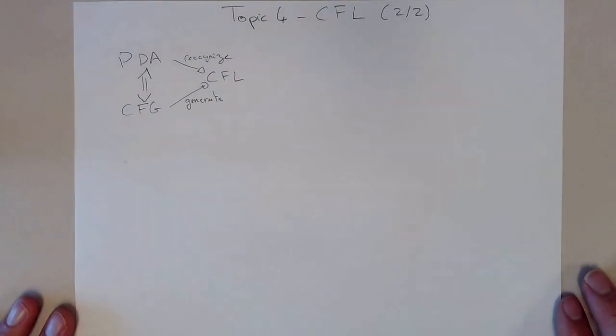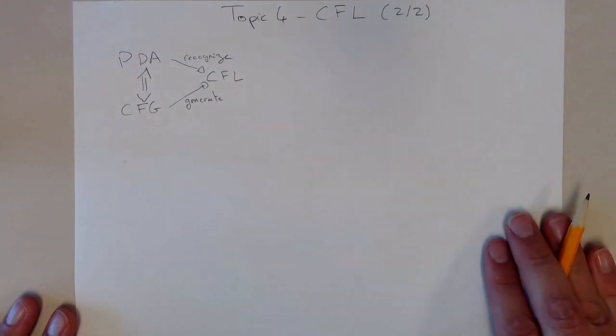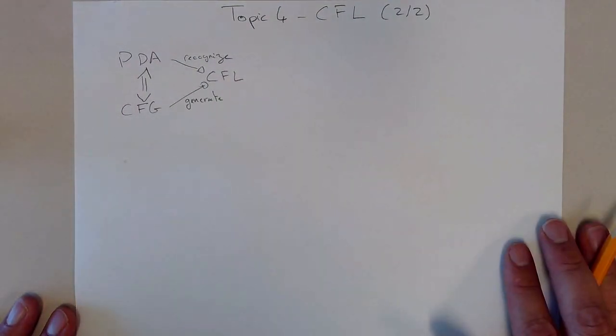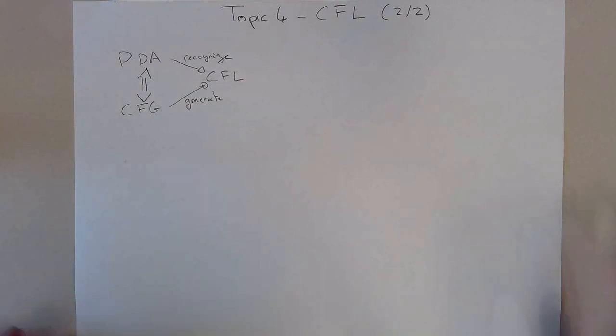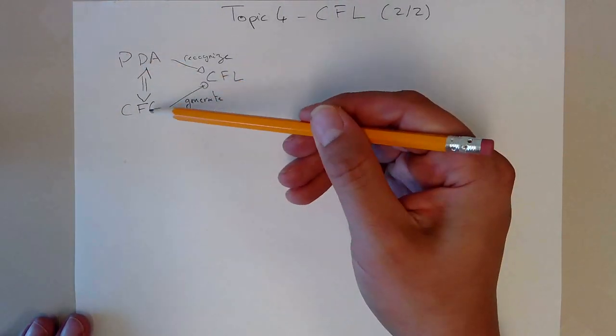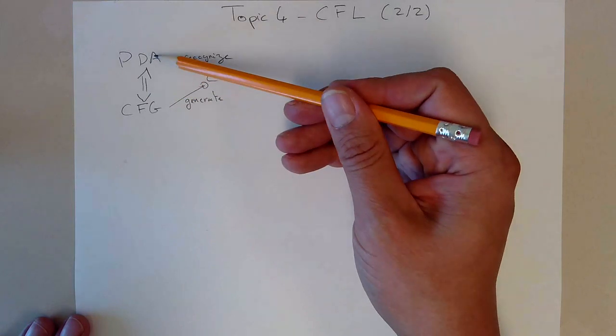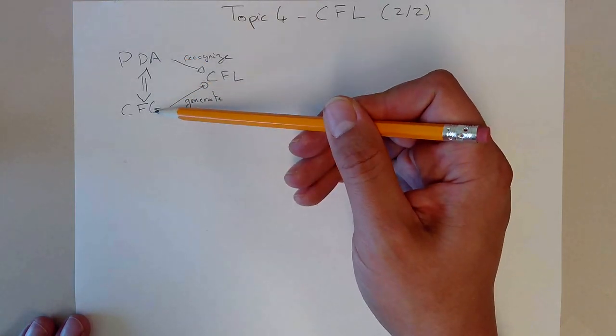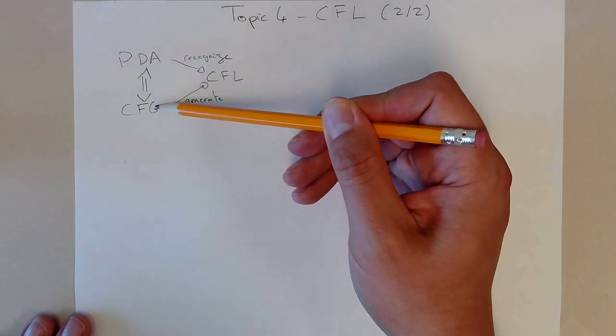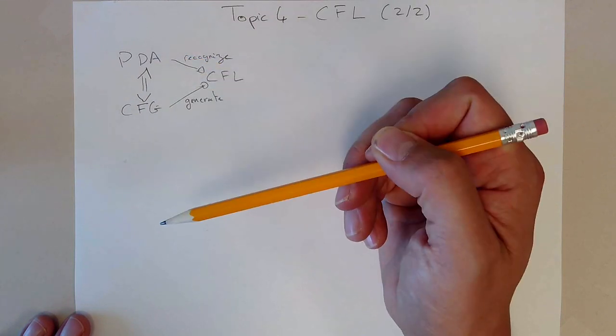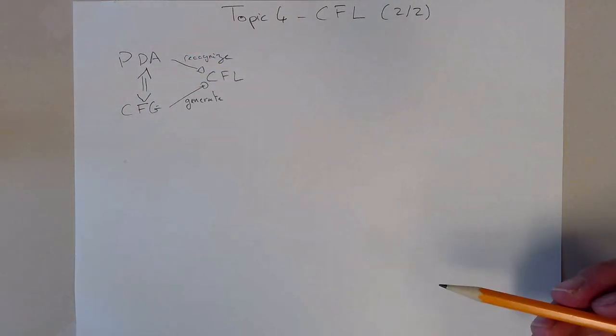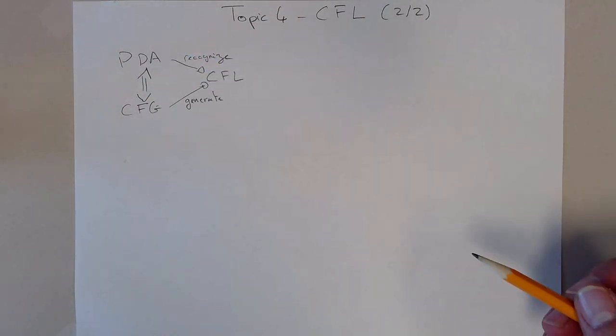How do you show this equivalence? We won't see the full proof here, but I want to give you the gist of it. To show equivalence, you have to show that you can build a pushdown automaton from a CFG, or that you can build a CFG from a pushdown automaton. We're going to focus on the first one.